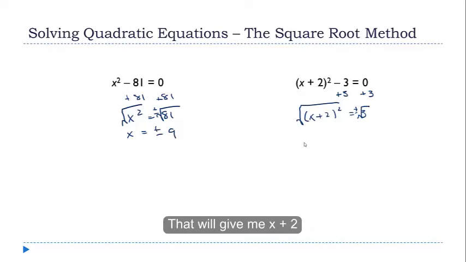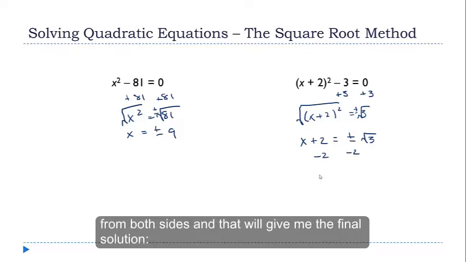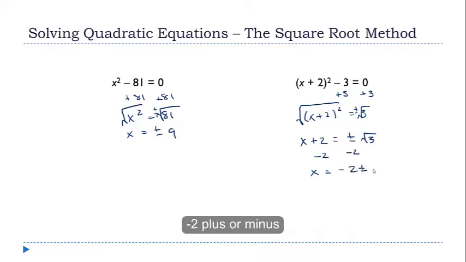That will give me x plus 2 equals plus or minus the square root of 3. And finally, I'll subtract 2 from both sides, and that will give me this final solution, negative 2 plus or minus the square root of 3.